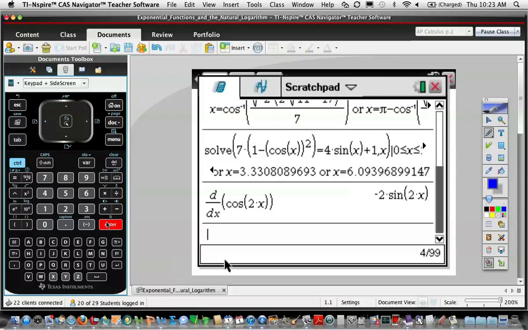The inside will stay the same, but you'll have to tack on a times a. Okay, and that's true of any function: a natural log, an exponential, a sine, a cosine, any of those.